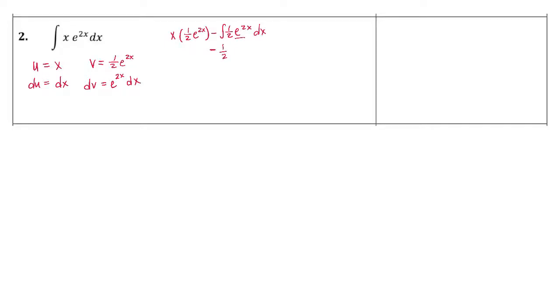And then integrating e to the 2x, we see that we're going to get 1/2 e to the 2x back. And putting all this together, we have x times 1/2 e to the 2x minus 1/4 e to the 2x, and then plus c.